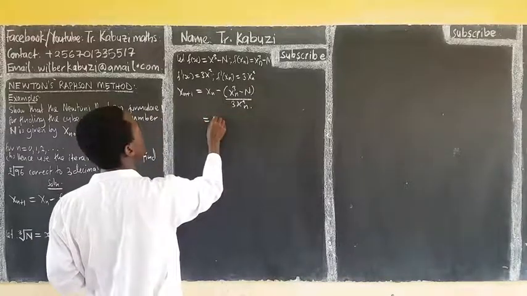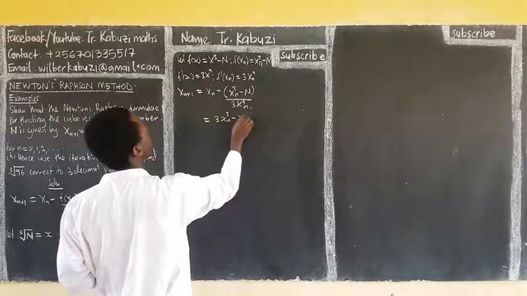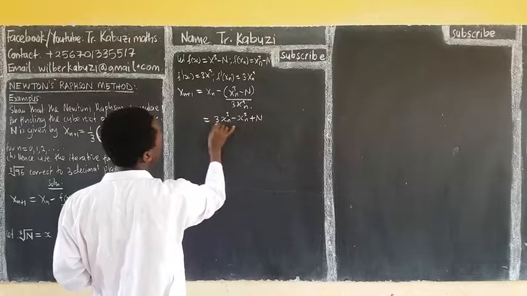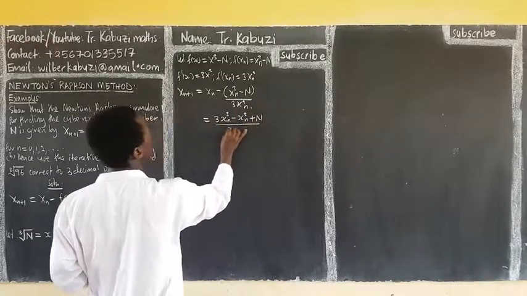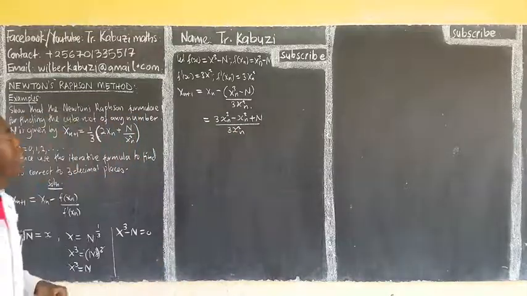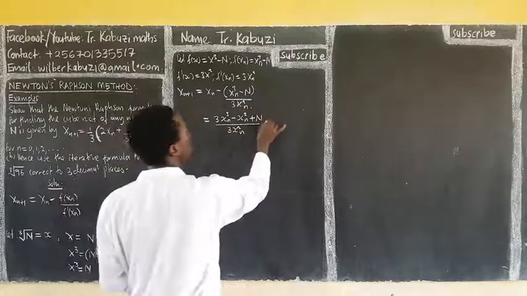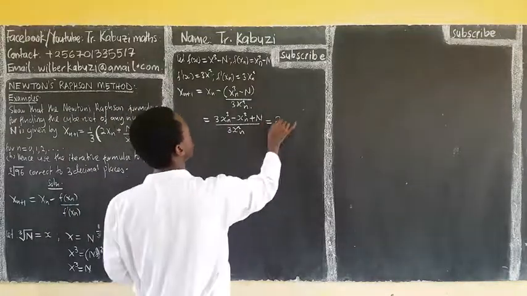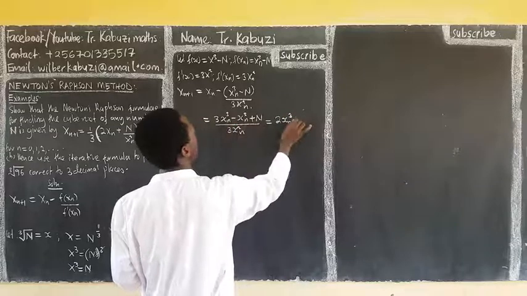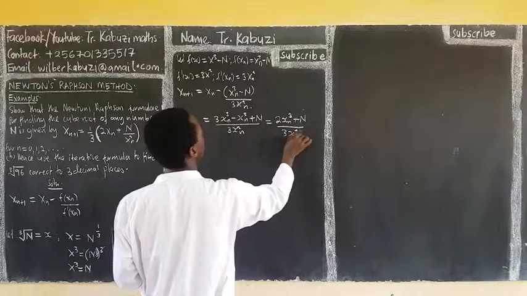I'll be having 3xn cubed, then plus n, the whole over. Here we are getting the LCM. So if we simplify that, this one is going to give us 2xn cubed plus n, the whole over 3xn squared.